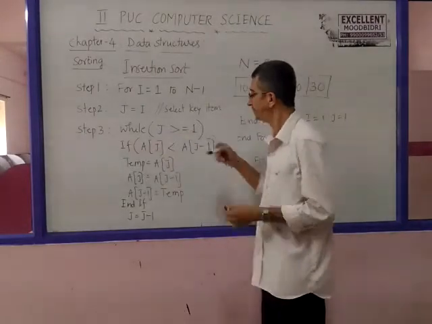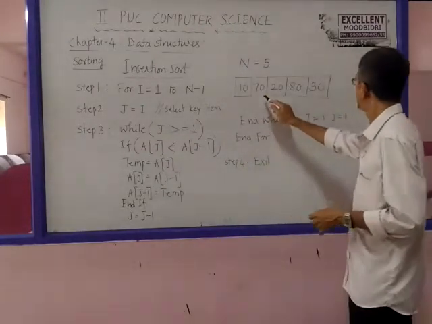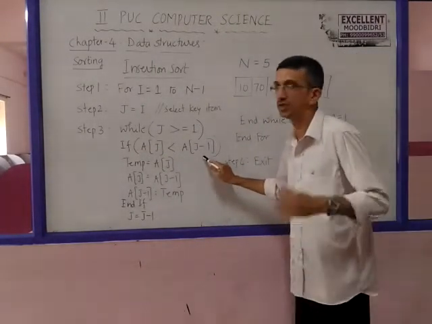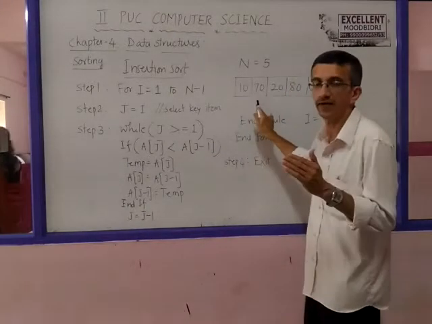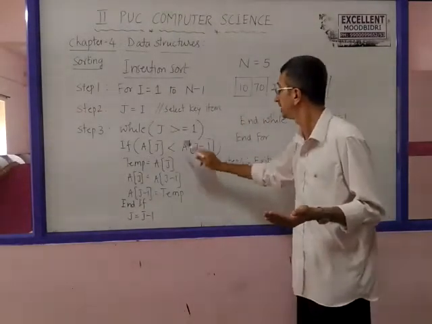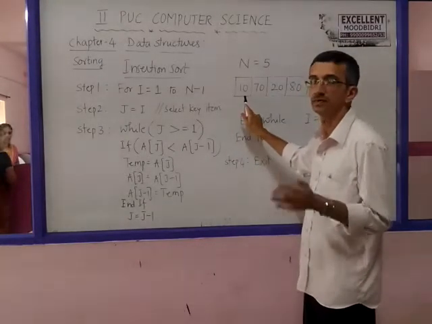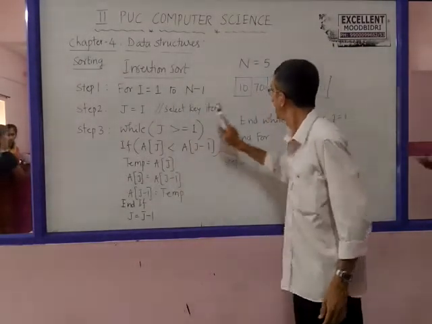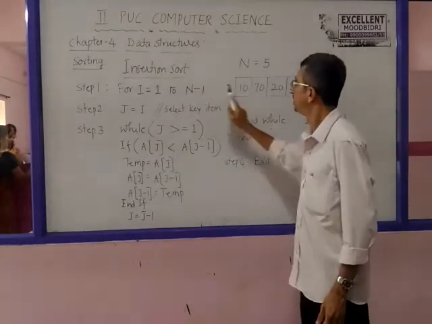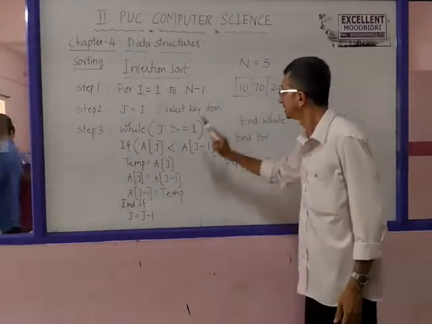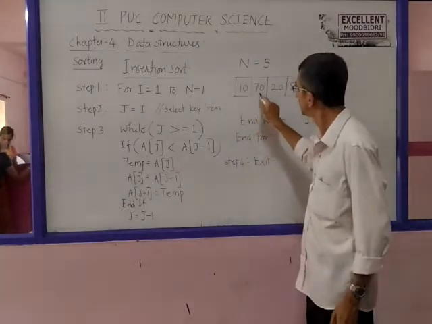Now a of 1, which is 70, is less than a of j minus 1, a of 0, which is 10?